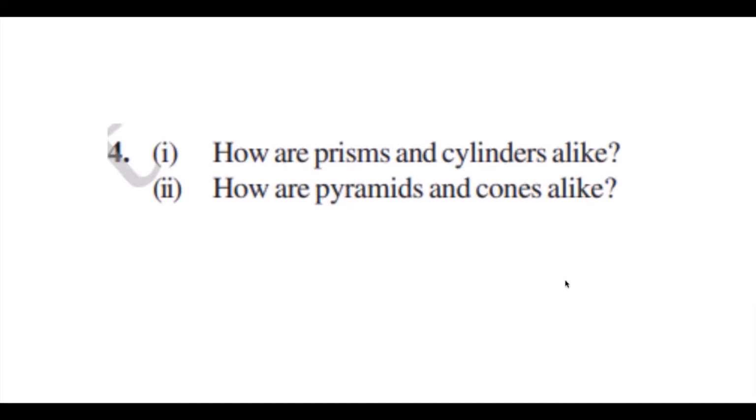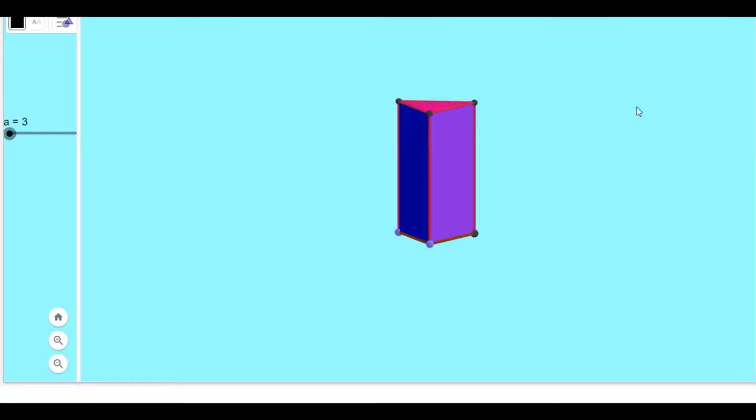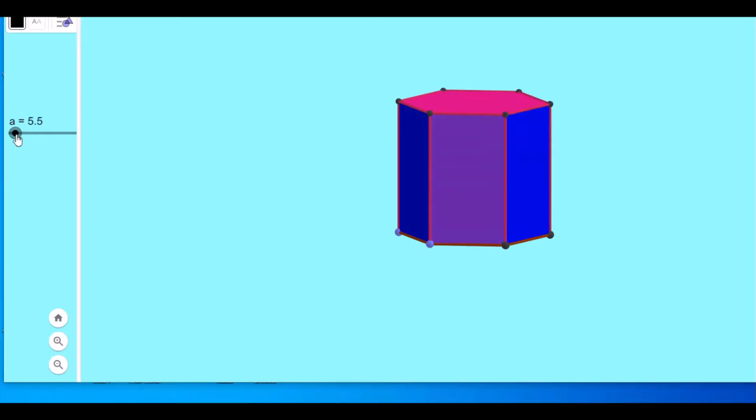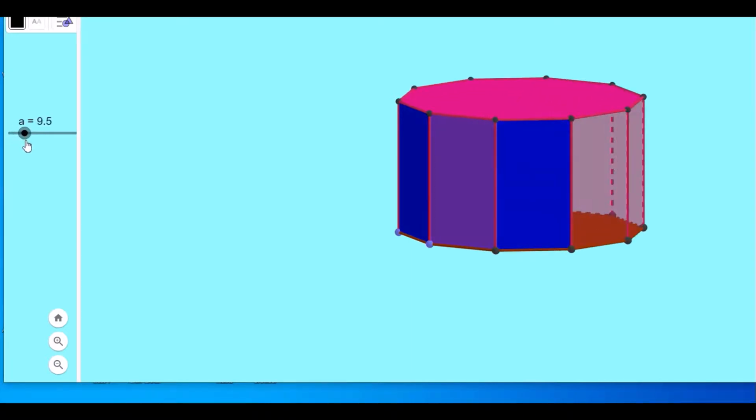Now look at the question, exercise 10.3. How are prisms and cylinders alike? Let us check it. Here you can see a triangular prism. What will happen if the number of sides increases? Let us check. Here it is 4, 5, 6.